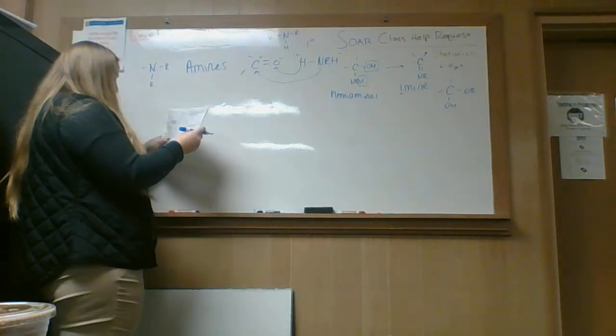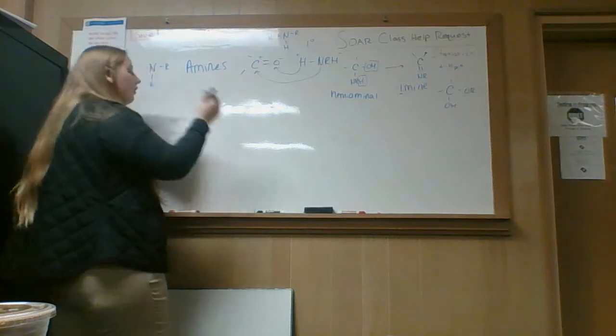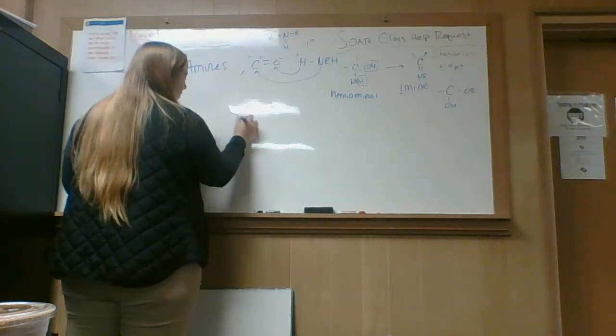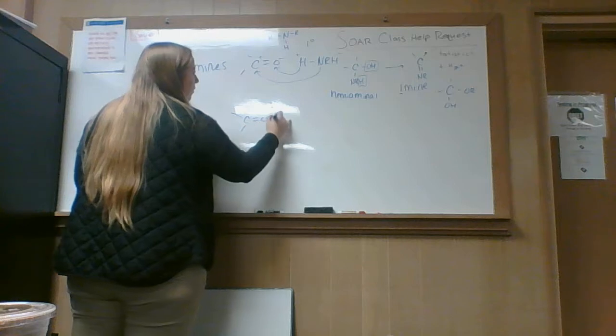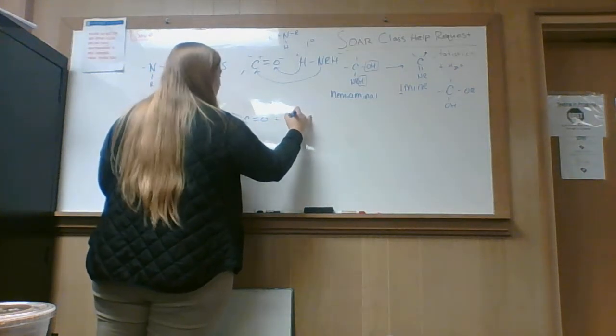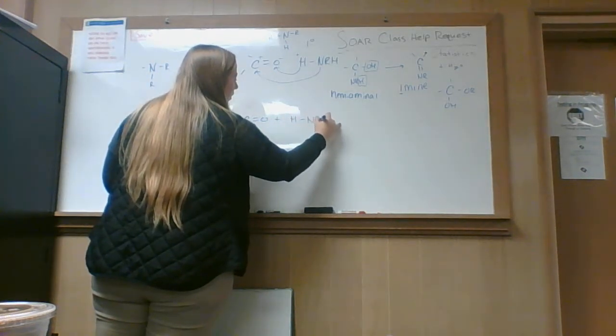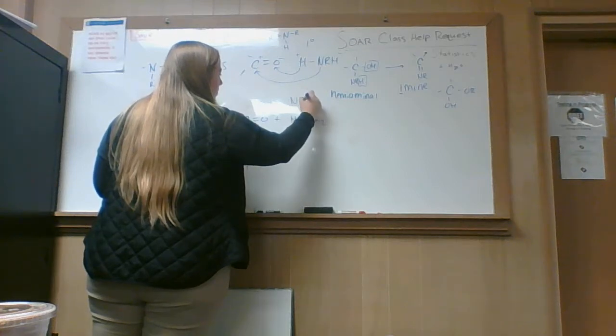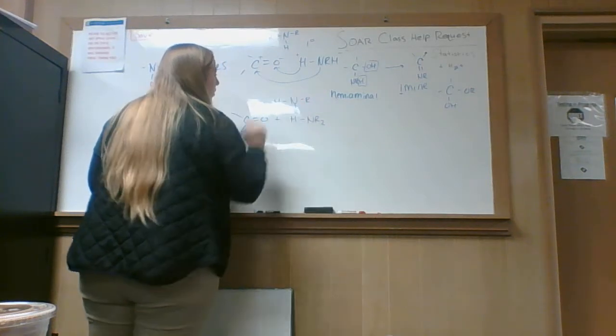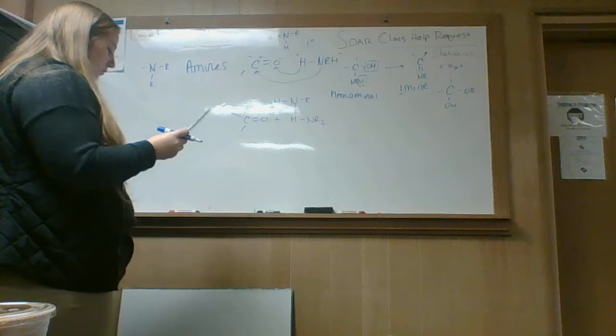Okay, if we have the same thing happening, but with a secondary. So again, we have two R groups on the nitrogen instead of one.